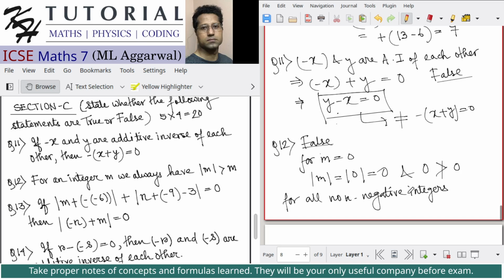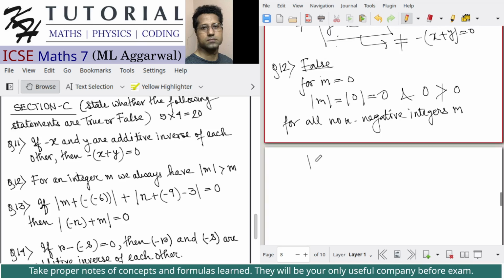That is, absolute value of m greater than m is incorrect for all non-negative integers m. The statement absolute value of m is greater than m will only be true for negative integers. If m is negative, then only we can say absolute value of m is greater than m. So this is a false statement.